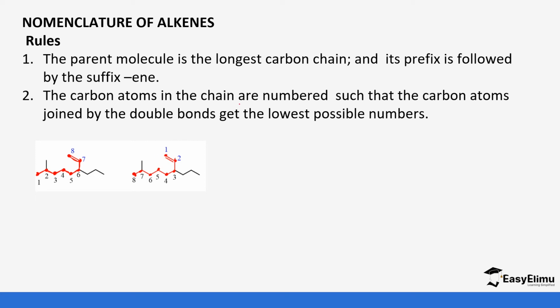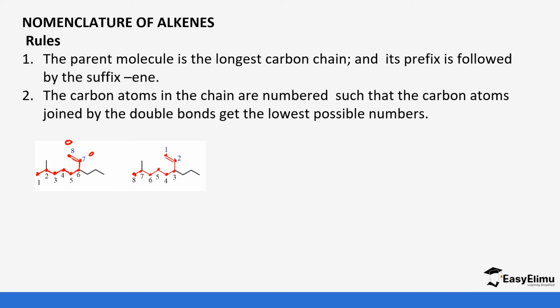We say that the atoms in the chain are numbered such that the carbon atoms joined by the double bond get the lowest number possible. So the double bond should be given the lowest number. If you were to name this first way, 1, 2, 3, 4, 5, 6, 7, 8, it means the carbon that has the double bond is carbon number 8 and the other is carbon number 7.